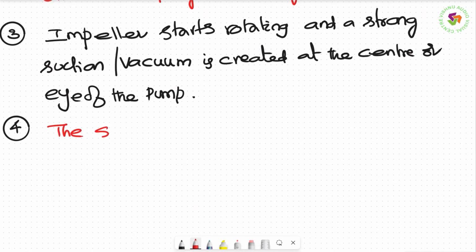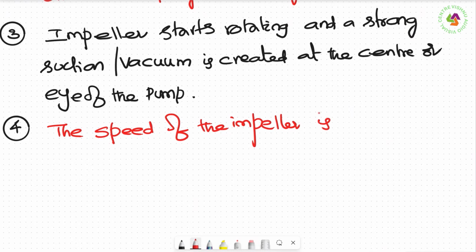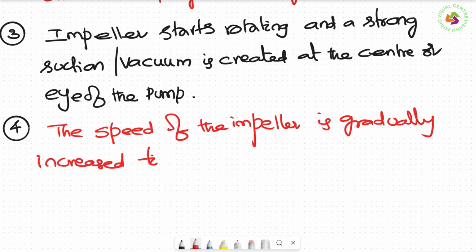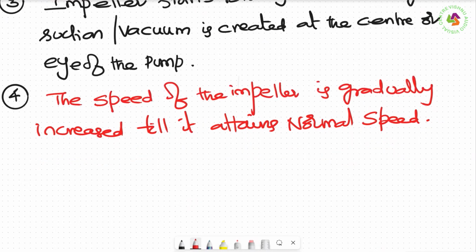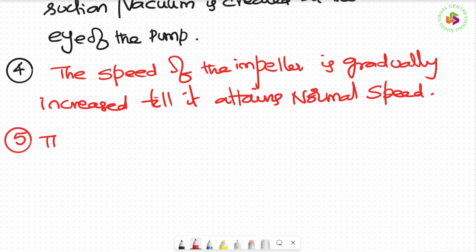The speed of the impeller is gradually increased, till it attains normal speed. Then open the delivery valve.